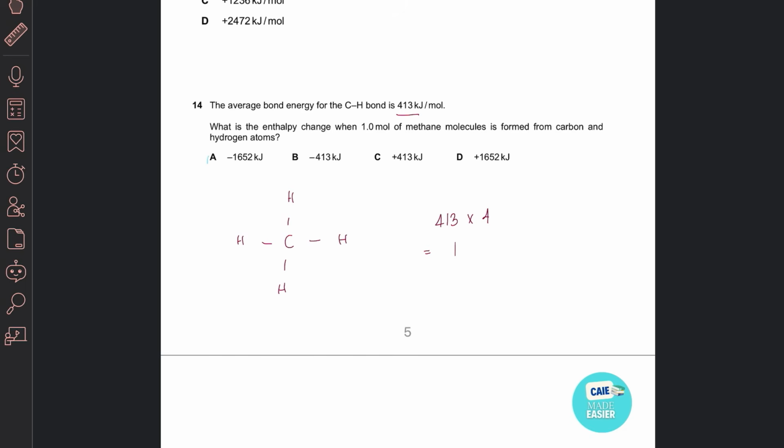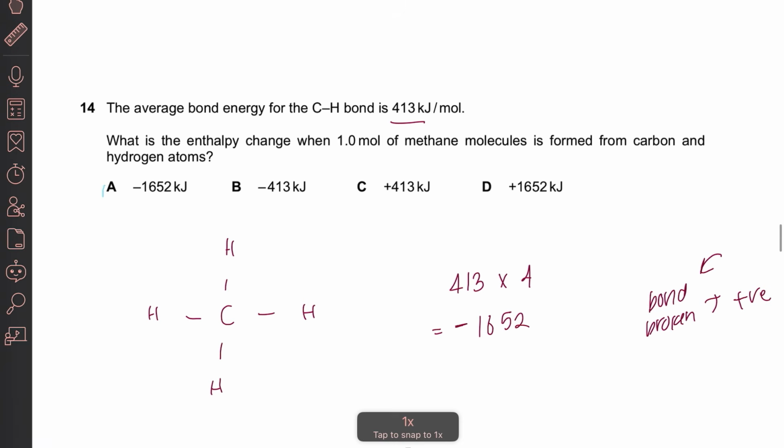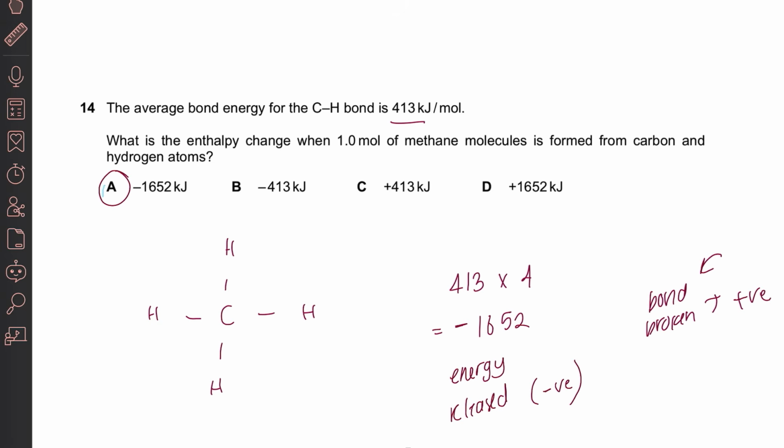This will be 1652. Remember, if you want to break a bond, energy is taken in. So bonds broken, that would be a positive change. But here, since bonds are formed, we are forming methane. This is going to give you a negative change because energy is released. Energy released means it's going to be negative when bonds are formed. So the answer would be A.